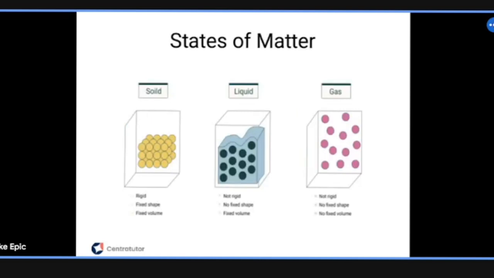Talked about solid, liquids, and gases, and we explained how they differ from one another, how solid differs from liquid by being rigid and having a fixed shape and volume, while liquid just is not rigid but has a fixed volume and no definite shape. Gas is being non-rigid, no fixed shape, and also no fixed volume.